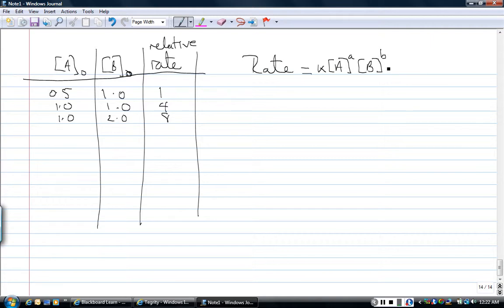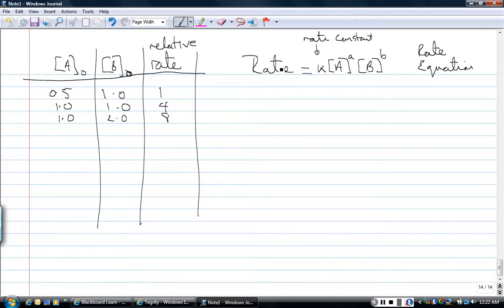This equation is called a rate equation. k is called the rate constant, which, big surprise, is a constant that varies only with the temperature. So if I keep the temperature constant, it doesn't matter what these are, the rate constant is the same.